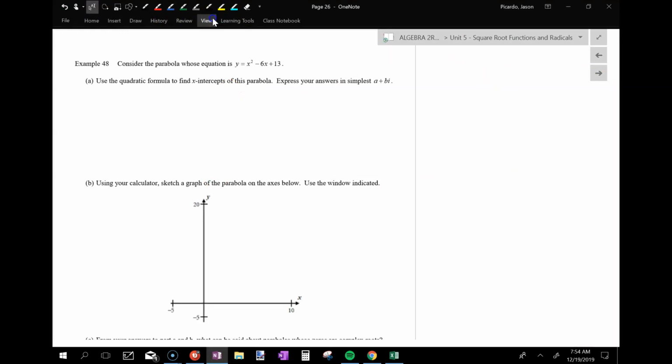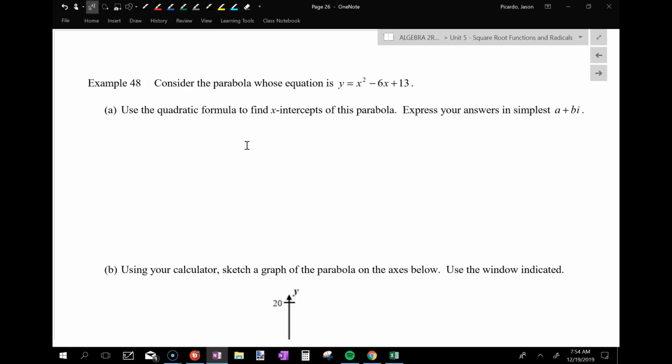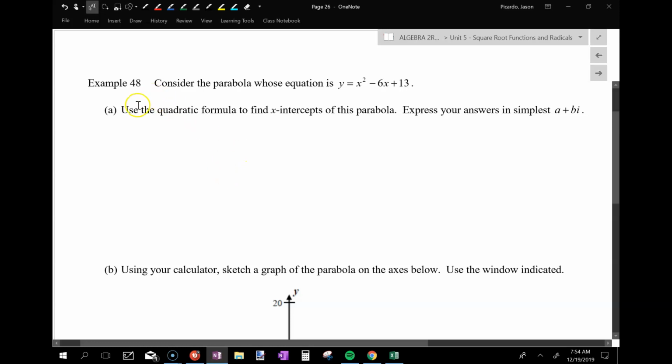All right, last problem. Consider this parabola. Use the quadratic formula to find the x-intercepts and express your answers in simplest a plus bi form. Guys, were this to show up on a Regents exam, I know it says to use the quadratic formula, but again, we're going to go right to our technology.